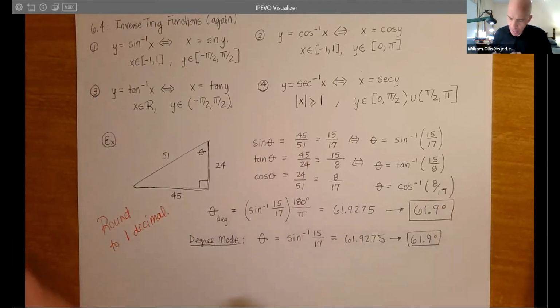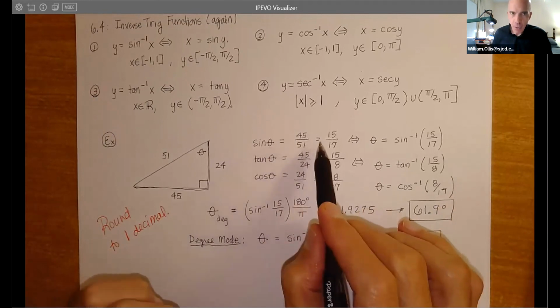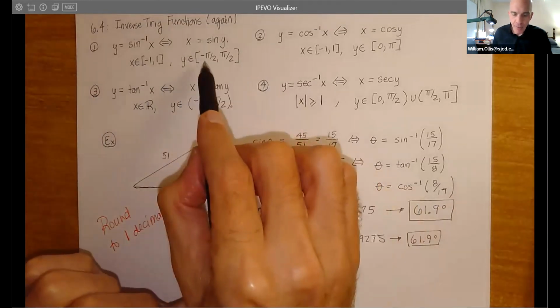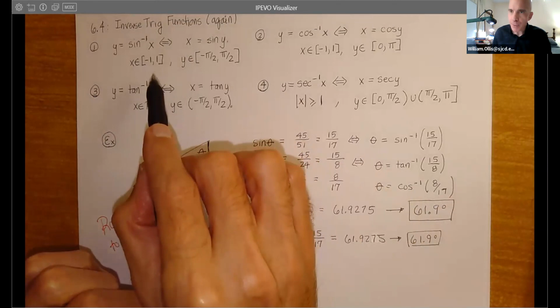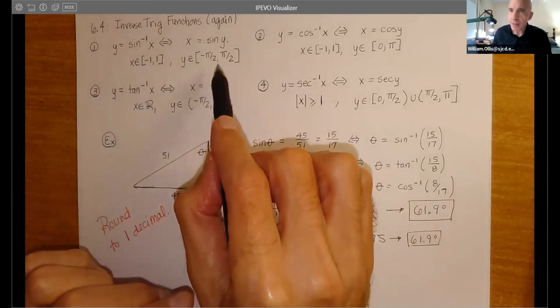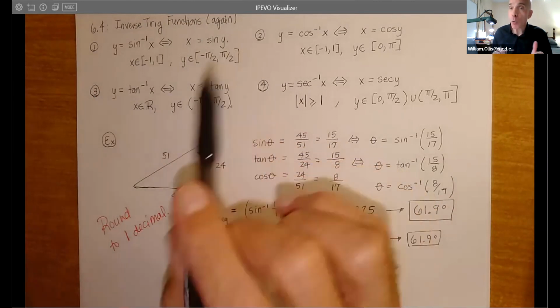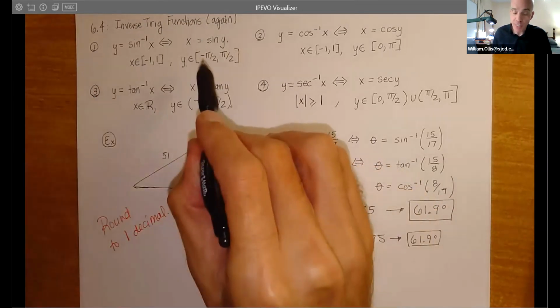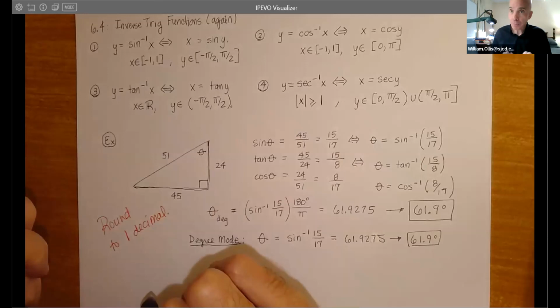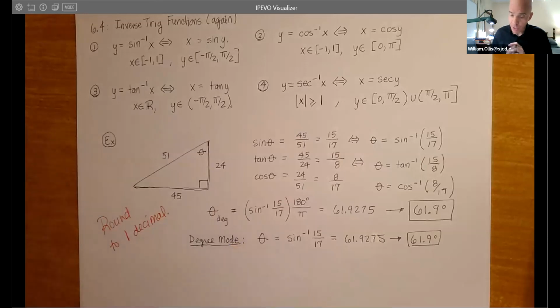Well, first, if we look at the sine, we go up here and see that if we've got the positive input, we're going to get radian measure between 0 and pi over 2, or we're going to get degree measure between 0 and 90 degrees. That's what the sine function is going to do for us.